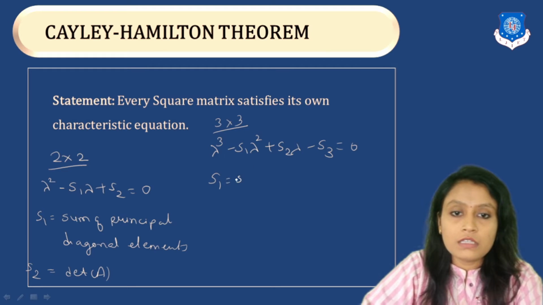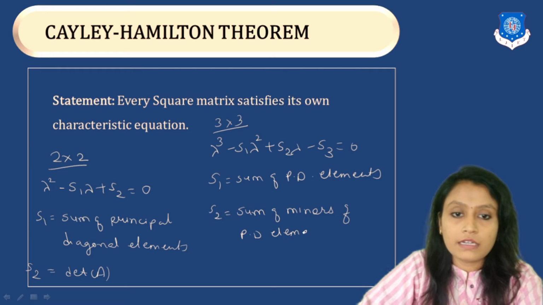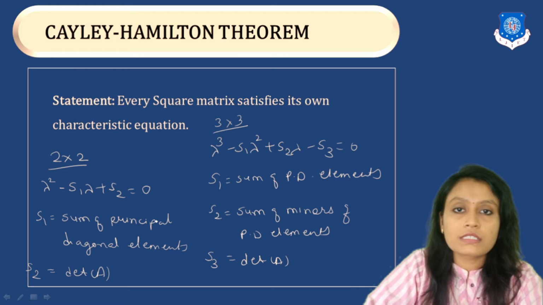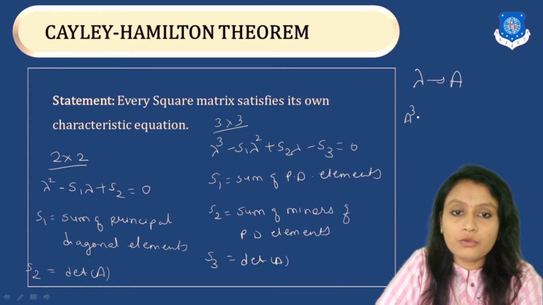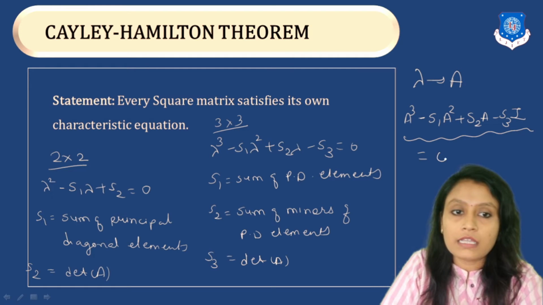Where S1 is the sum of principal diagonal elements, S2 is the sum of minors of principal diagonal elements, and S3 is the determinant of matrix A. Whenever we replace lambda by the matrix A in this characteristic equation, you will get A cube minus S1 A square plus S2 A minus S3 I. If you solve this, you should get 0.